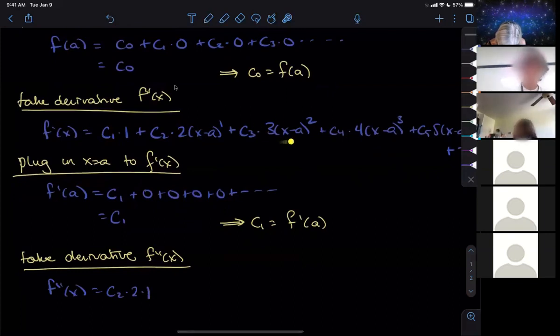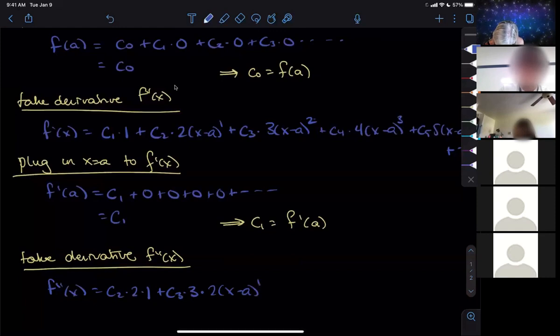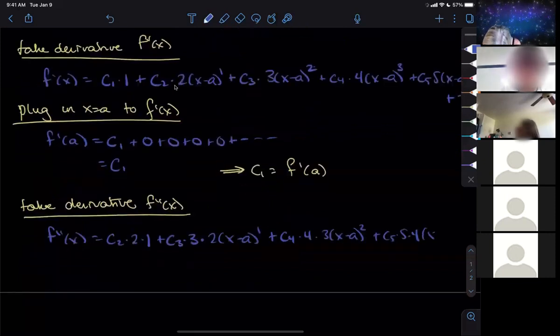What happens here? Well, I'm going to have C3 times 3. Then when I take the derivative of this piece, I'm going to have 2 times that thing to the 1 power using the chain rule. So it's going to be times 2(x minus a) to the 1 power. And then we're just going to keep doing the same thing. It's going to be C4 times 3(x minus a) squared plus C5 times 4(x minus a) cubed plus etc. on down the line.